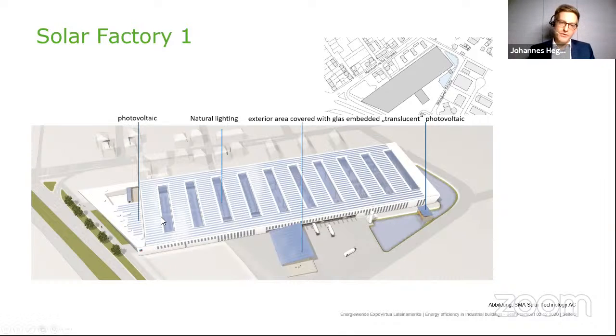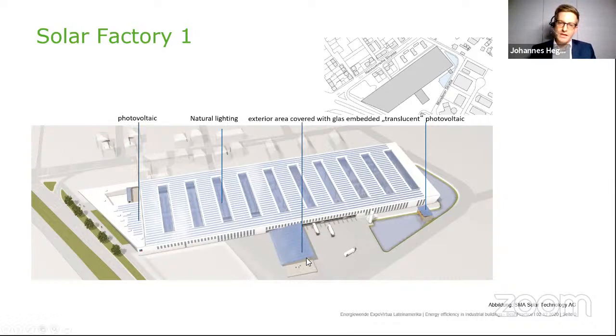So the first thing was that we covered the whole roof area in photovoltaics, but we also did a lot of skylights to have a very high quality of light in the interior and to have daylight for the workers inside.